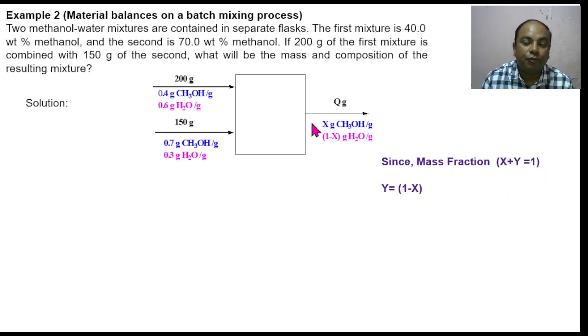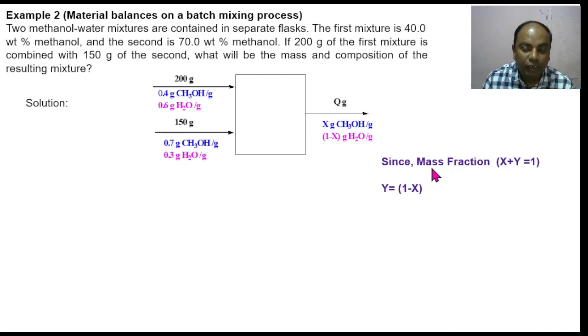So if x is the mass fraction of methanol in the resulting mixture, then 1 minus x would be the mass fraction of water present in the resulting mixture.